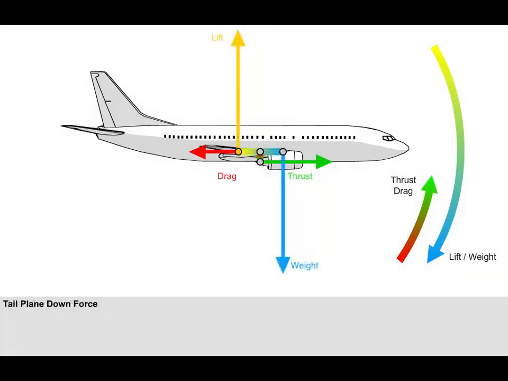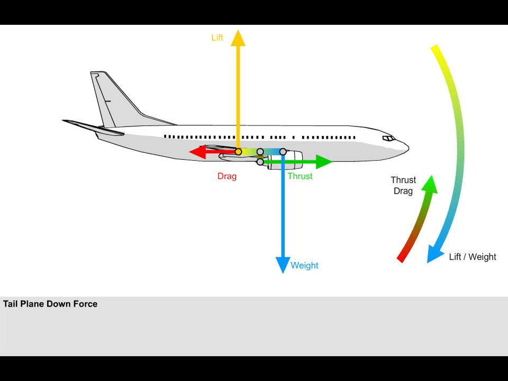In order to maintain level flight, we need somehow to generate an opposite moment which will balance the residual nose-down pitching tendency. This is achieved by the tail plane, or horizontal stabilizer, on the aeroplane's tail assembly.